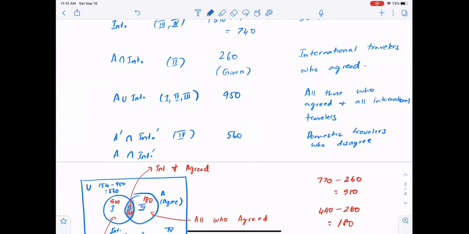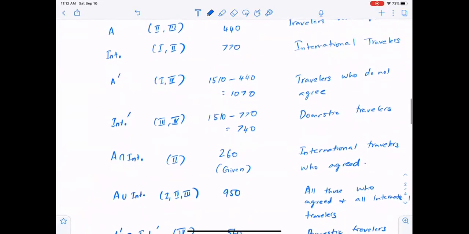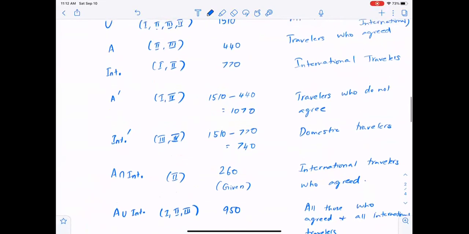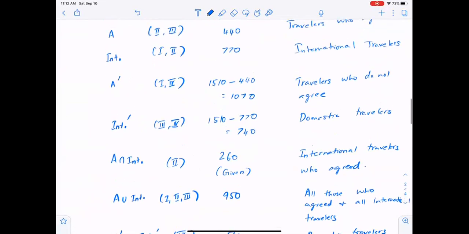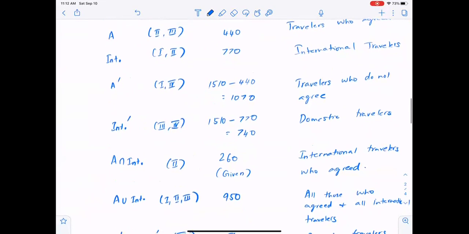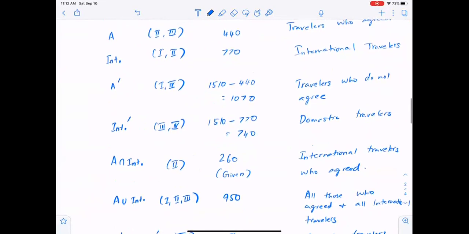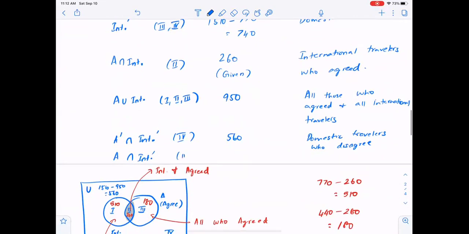Okay, so we know the set A contains regions 2 and 3. The set Int contains 1 and 2. Int complement contains 3 and 4. So we look at what's common between 2 and 3 and 3 and 4. We have region 3 in common.